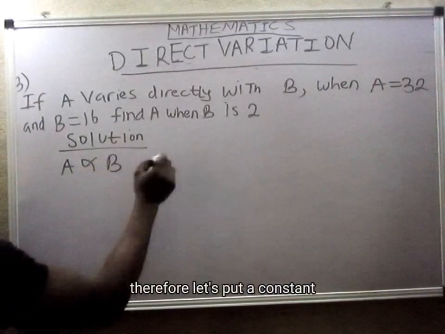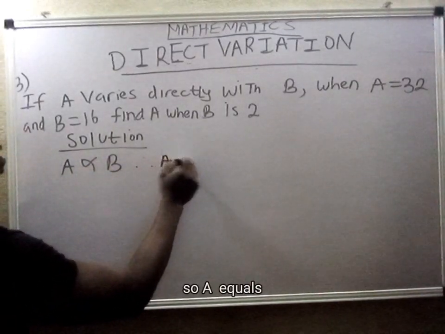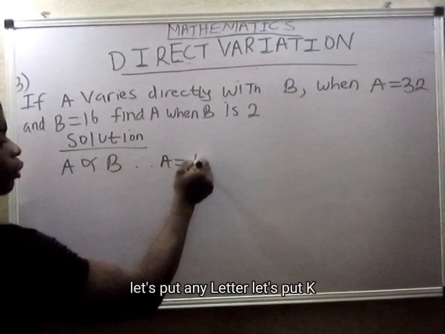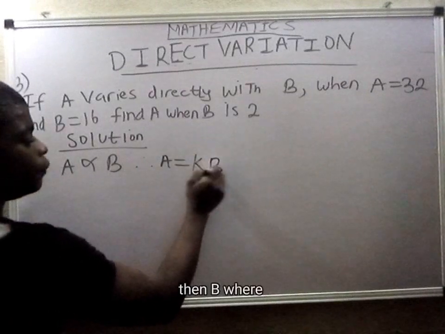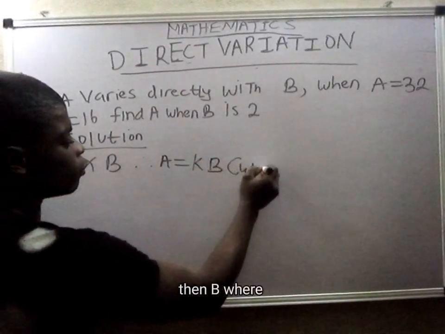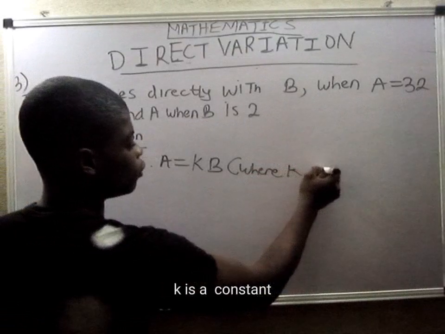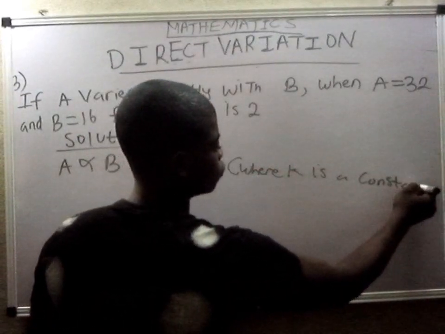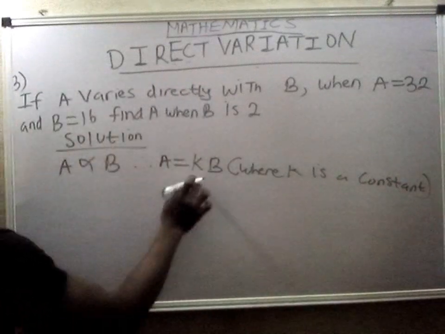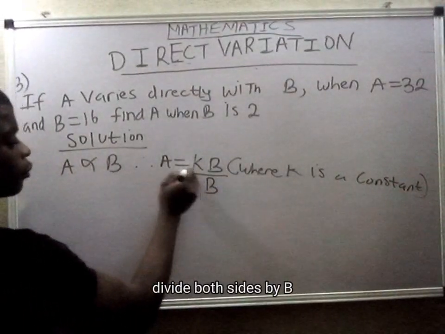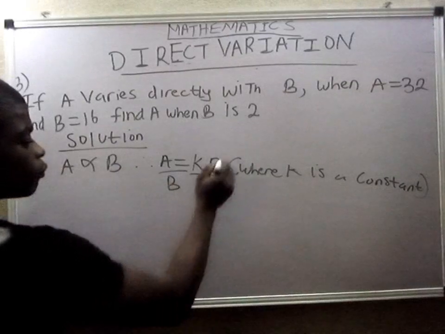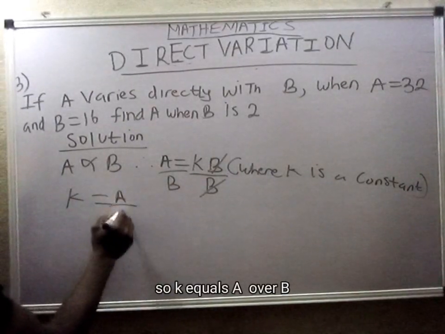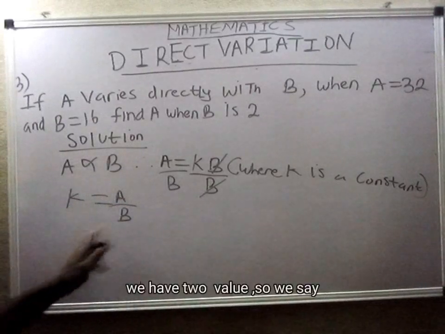Therefore, let's put a constant. So A equals, let's put any letter, let's put K, times B, where K is a constant. Divide both sides by B. So K equals A over B. We have two values.